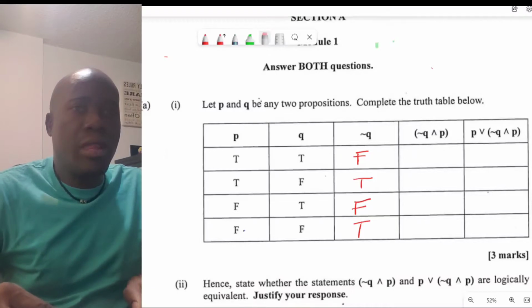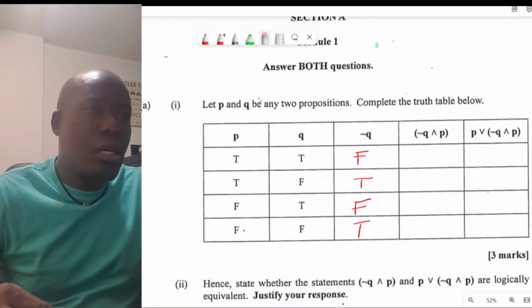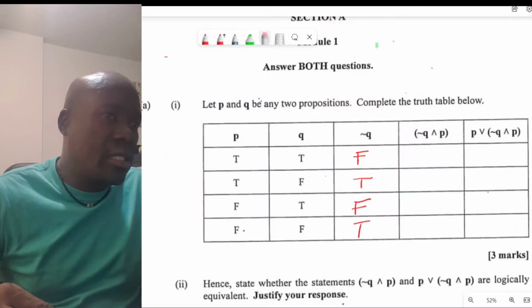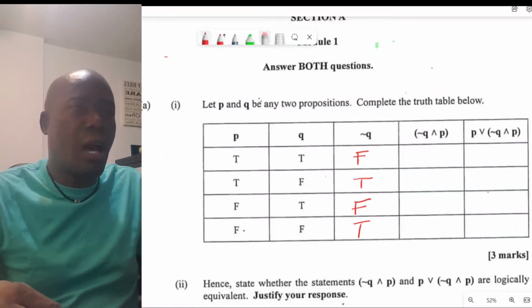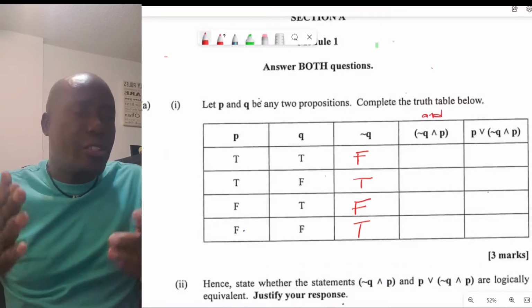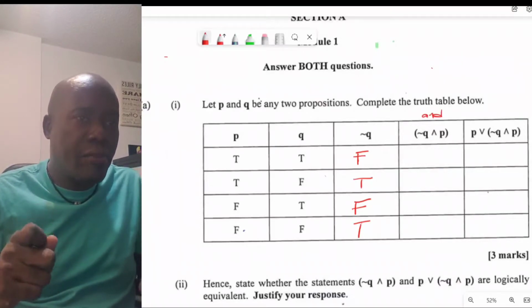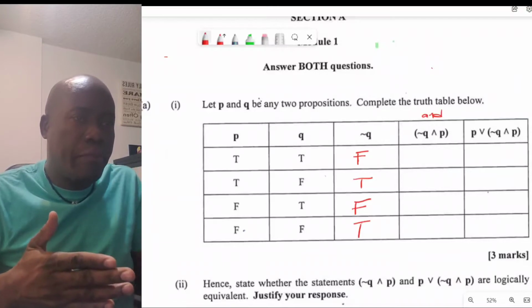The next column we want to look at is not Q and P. This symbol stands for and, and whenever you're using and, we're searching for truth, so we need two T's for it to be true.